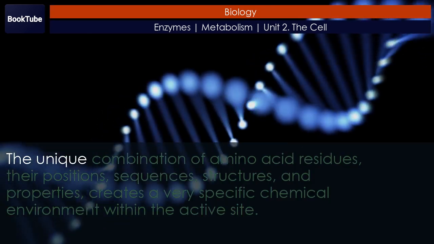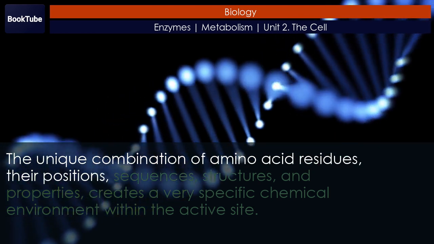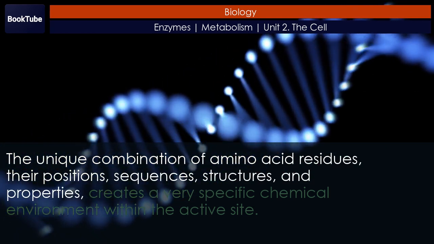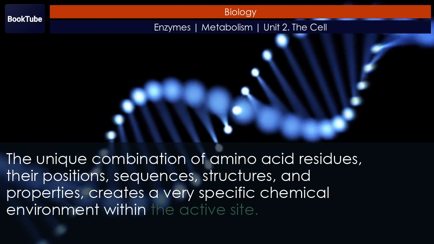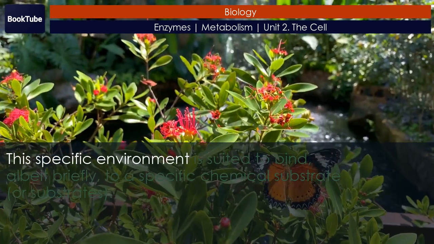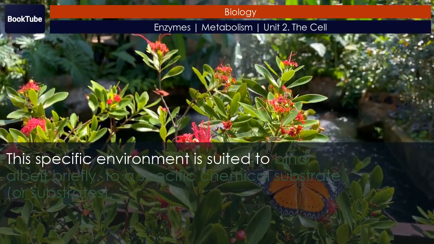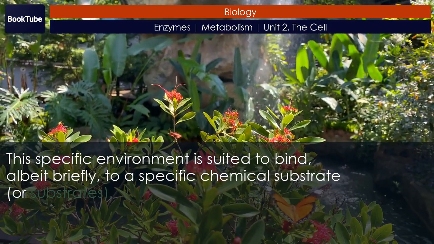The unique combination of amino acid residues, their positions, sequences, structures, and properties, creates a very specific chemical environment within the active site. This specific environment is suited to bind, albeit briefly, to a specific chemical substrate, or substrates.